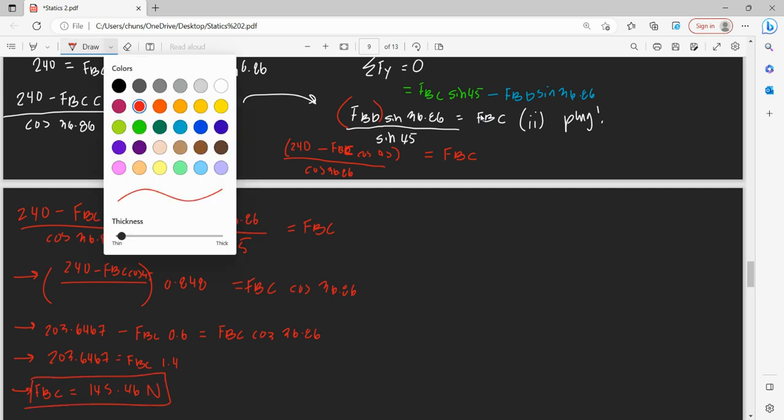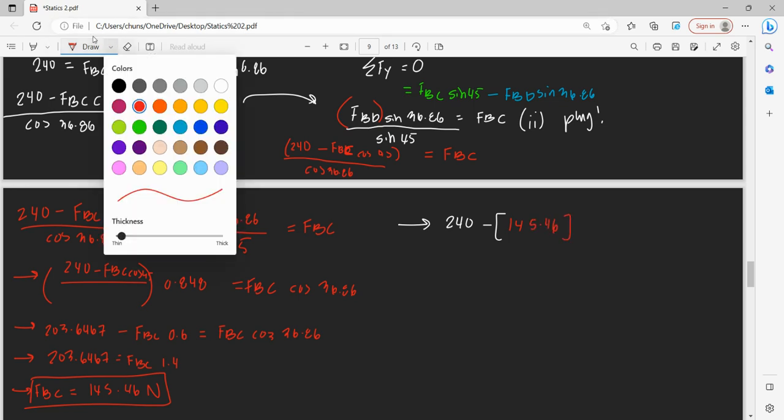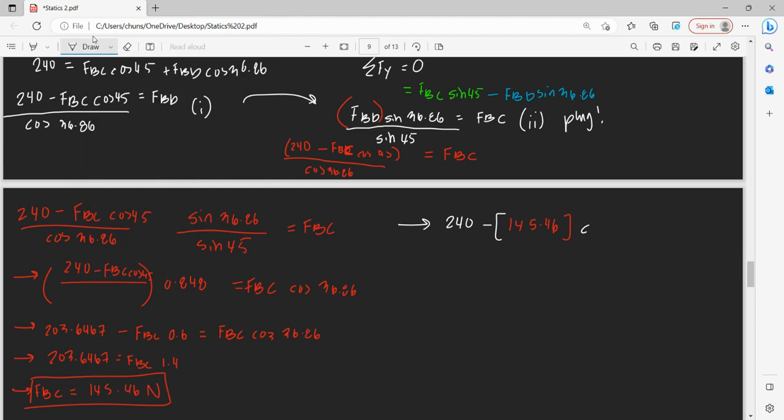Then when we plug this back in to our equation 1, so 240, then our newfound value of FBC cos 45 over cos 36.86 equals FBD.